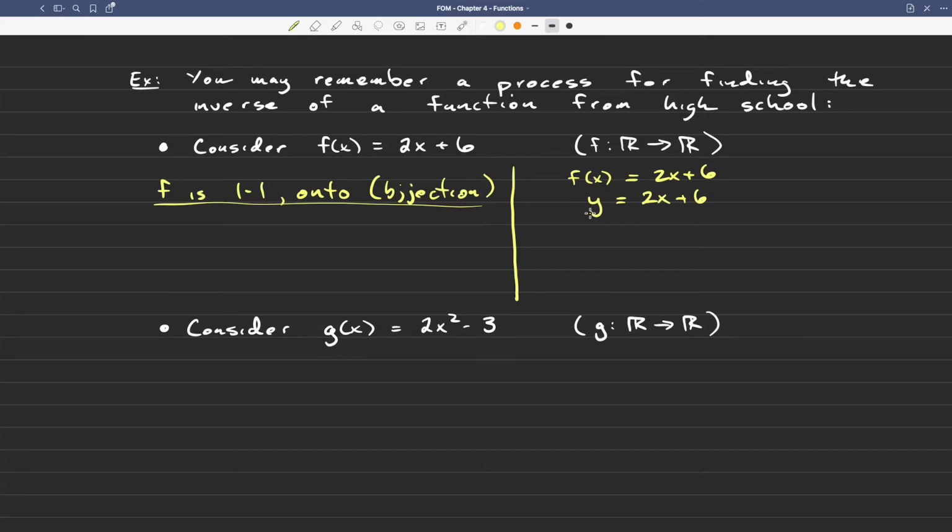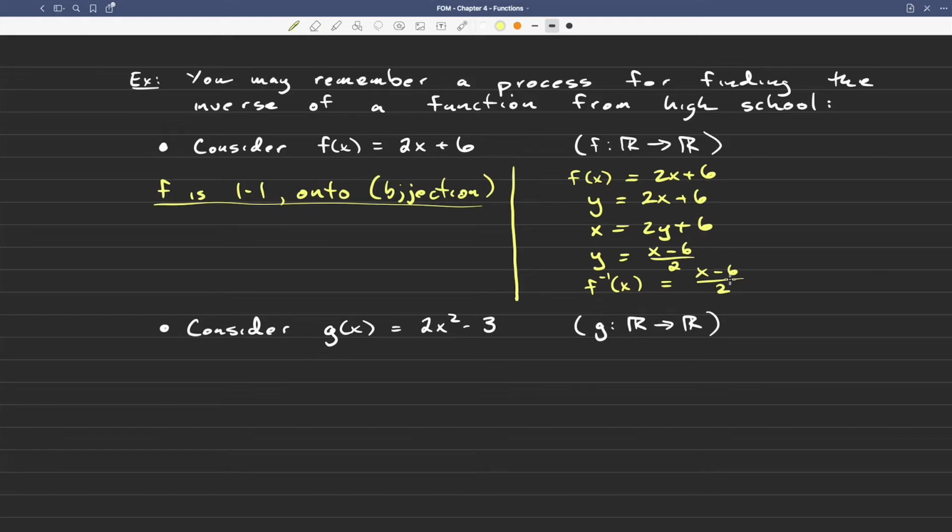So in terms of this equation, I would just interchange x and y. So I'm going to make x equal 2y plus 6. And then I'm going to solve for y. And so if you solve for y there, you get y equals, let's see, x minus 6 over 2. And that's f inverse of x. So f inverse of x is x minus 6 over 2.